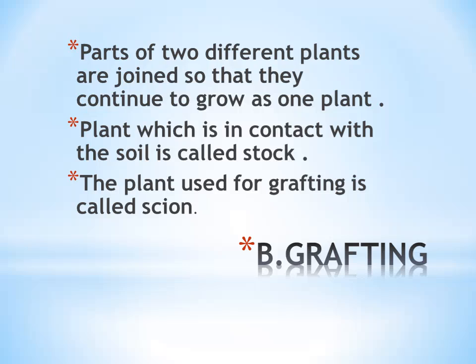That is called grafting. For that we need two plants. The first plant is called the stalk. It has to be maintained in the soil itself. The next plant that we have to graft is called the scion. That plant does not need to be fixed in the soil.